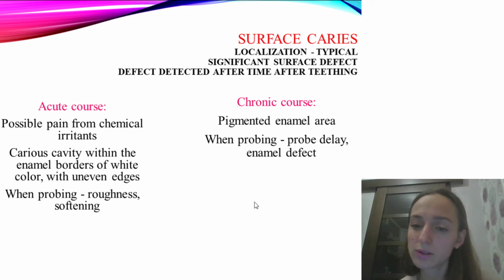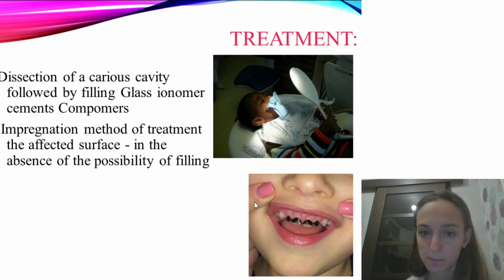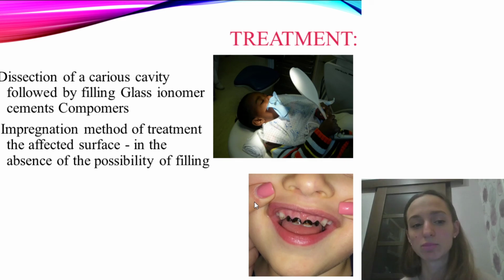And chronic course: pigmented enamel area, when probing probe delay and enamel defect, of course. Treatment: dissection of the caries cavity followed by filling with glass ionomer cement or compomers. Remember, compomers are a combination of two types of materials, glass ionomers and composites.